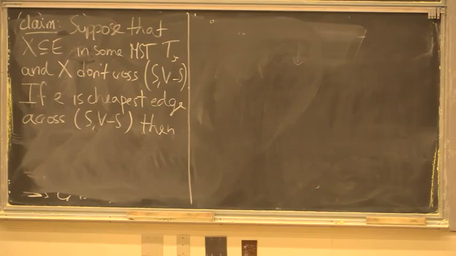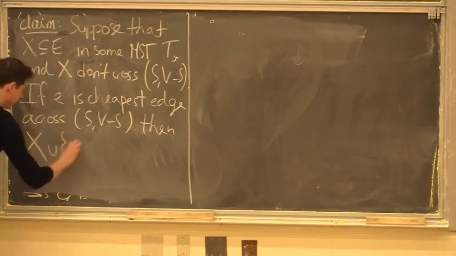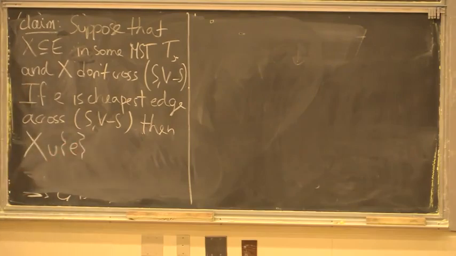What do I want to be true for me to make progress? I have things in X that are part of some MST. Now I look at some cut not crossed by X, and I pick the cheapest edge. Probably I want to make progress and put this edge in X, right? So I will say then X union E. What would I like to say?